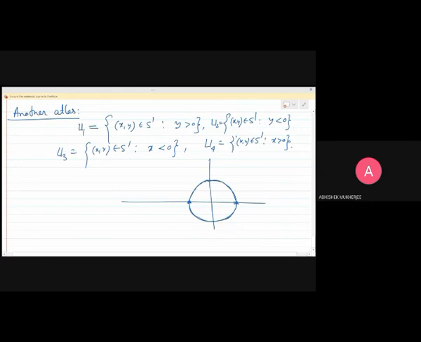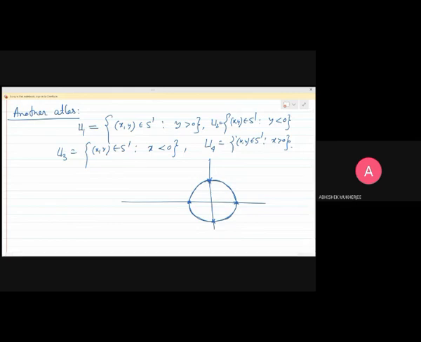And x less than 0 means it is the left half semicircle, and this is the right half semicircle.